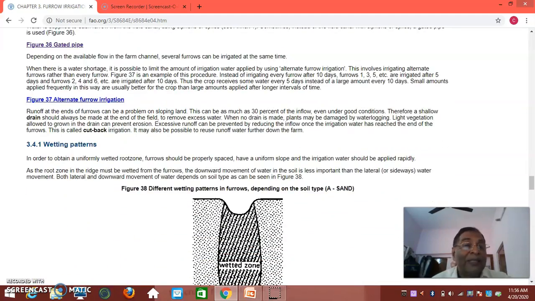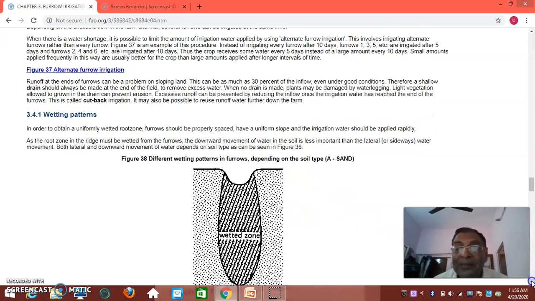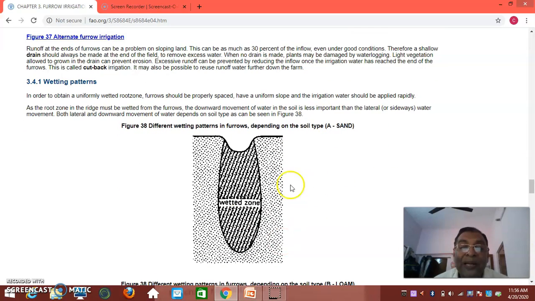This one, wetting patterns. This is very important, because in the furrow method the most important thing you should consider is wetting patterns. There are different wetting patterns in furrows depending on soil types. For example, take sand: the water goes deep, not sideways, so you should have sharp ridges.